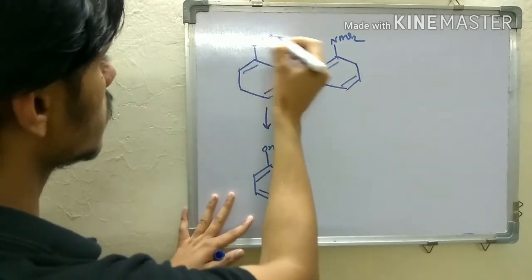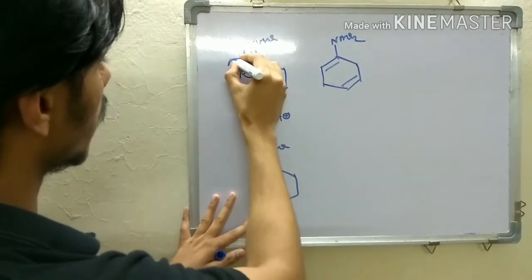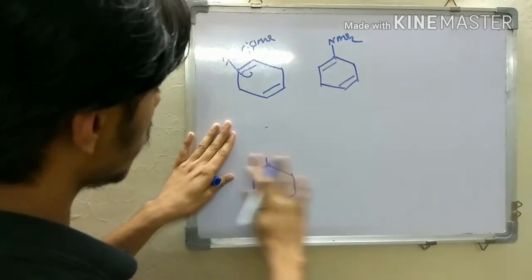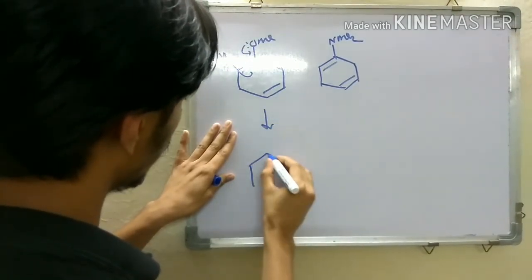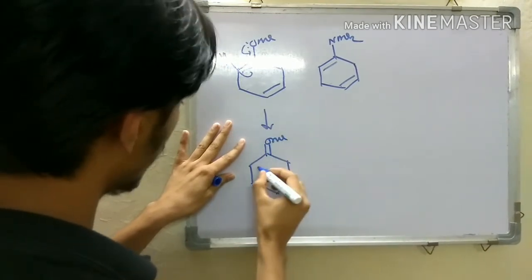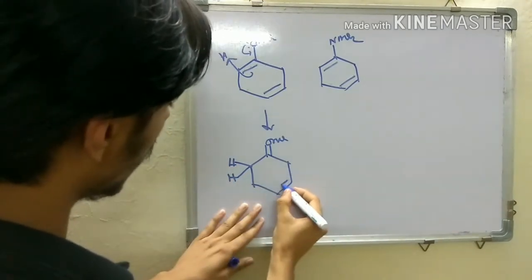It will occur like this. First of all, it will be protonated from here, and what you will get is this particular OMe, and here H, and now you have a double bond here.